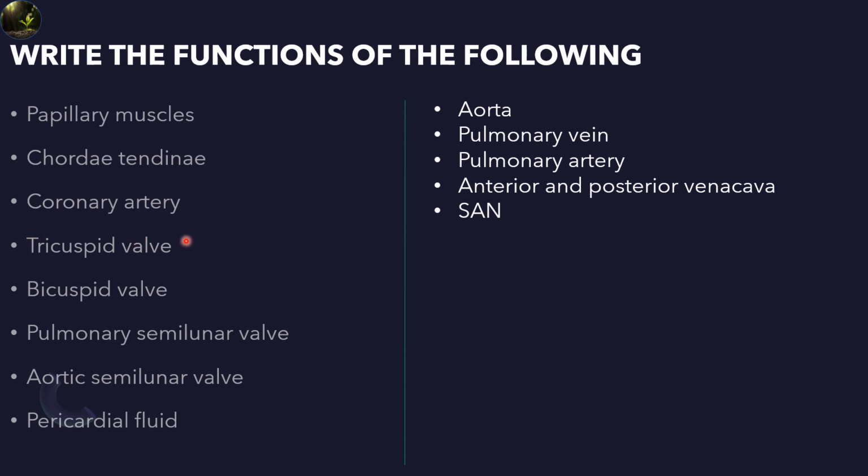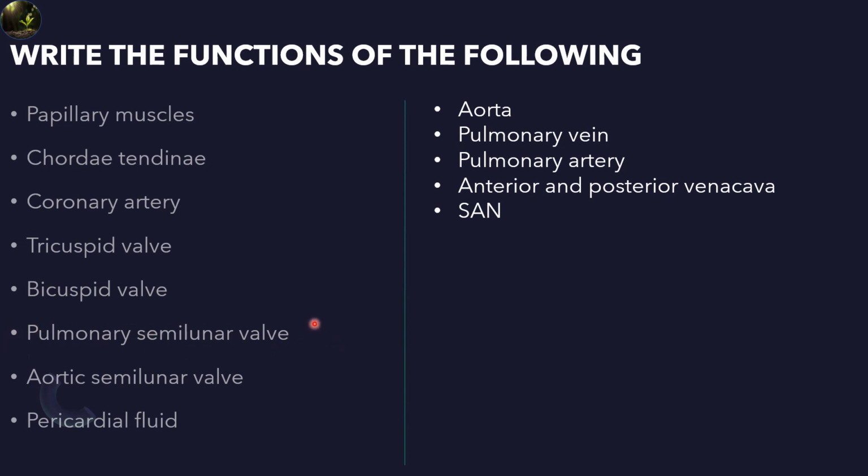Tricuspid valve helps to prevent the backflow of blood from the right ventricle to the right auricle during ventricular systole. Bicuspid valve helps to prevent the backflow of blood from the left ventricle to the left auricle during ventricular systole.